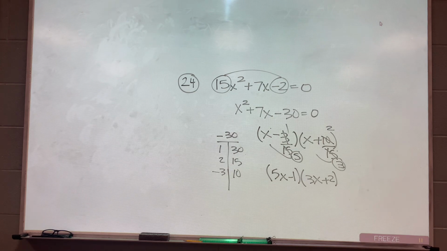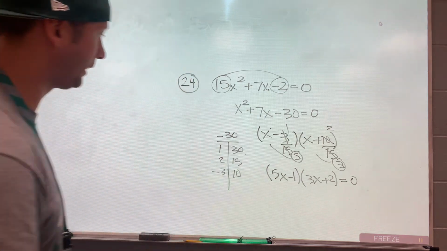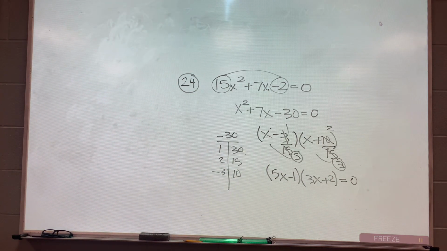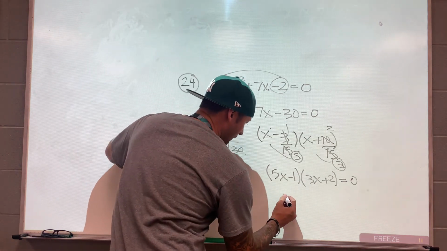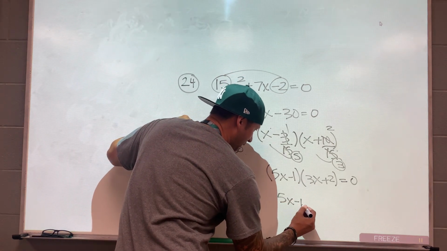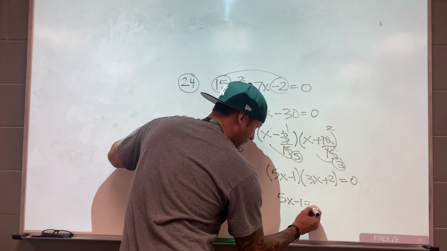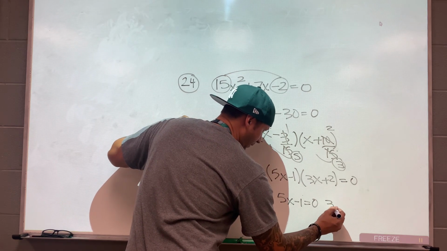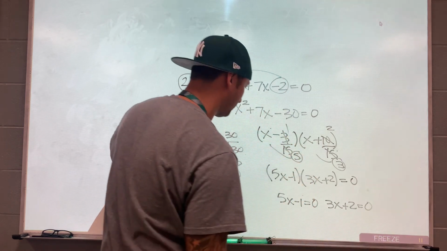Equals 0. Oh my goodness. Now I'm questioning myself if I did equals 0 in the last problem. I don't think I did. All right. So 5x minus 1 is equal to 0. 3x plus 2 is equal to 0.